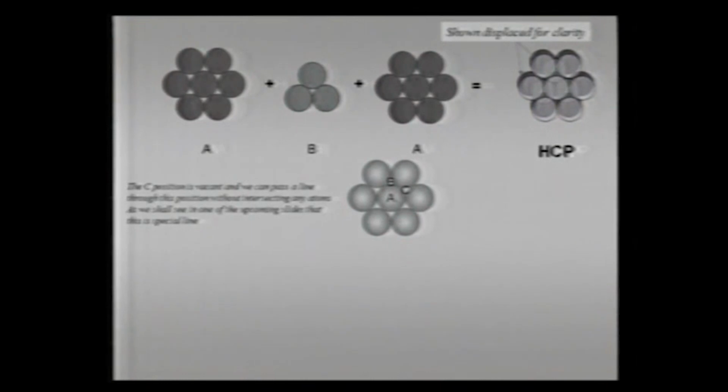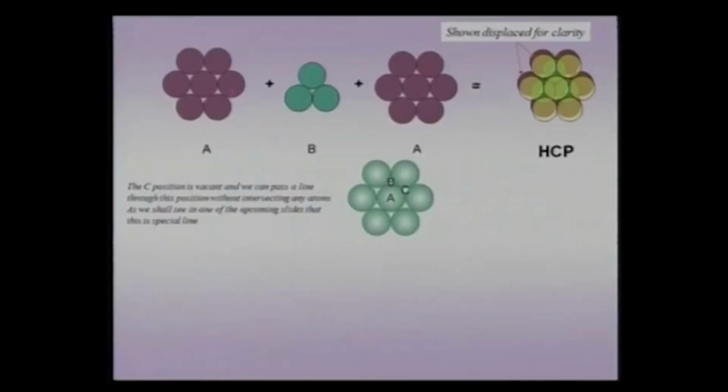You have this brown layer which is the A layer, we choose the next layer which is a B layer, but the third layer I put directly above the A layer, and therefore I use the same color, and I get an AB kind of packing, which is the hexagonal close packed crystal. So, we start with the A layer, put a B layer, but then instead of going to the C layer, we put the layer right above the A layer, and therefore we get an AB kind of packing, and we will notice in this case that the C layer remains completely vacant.